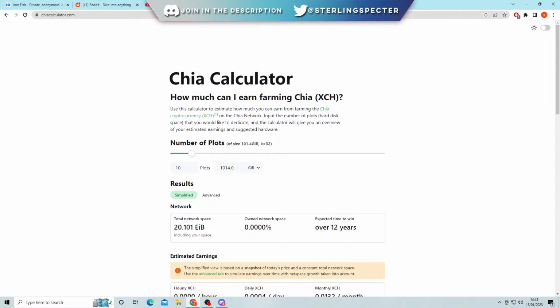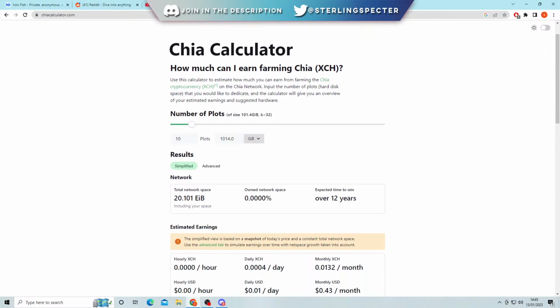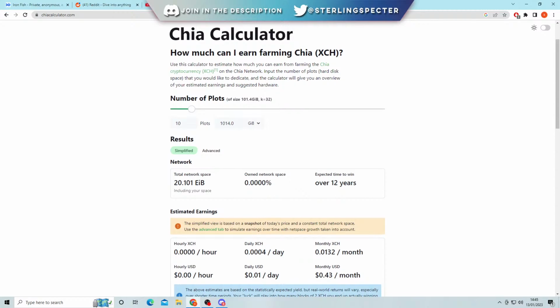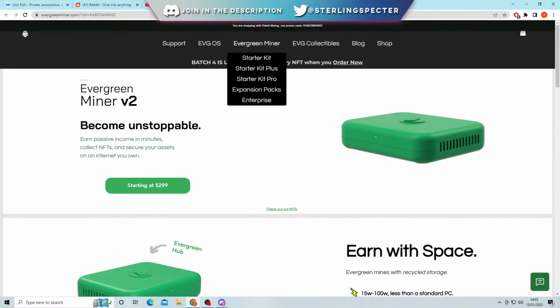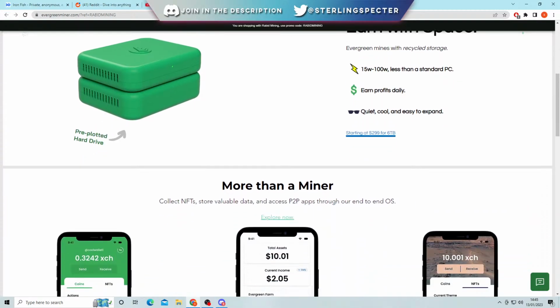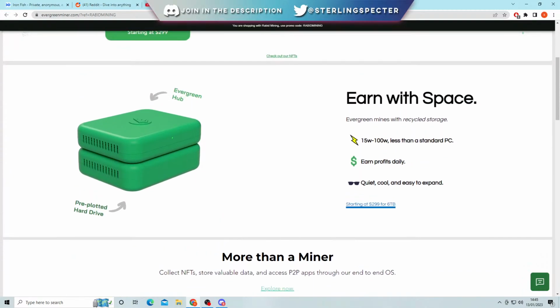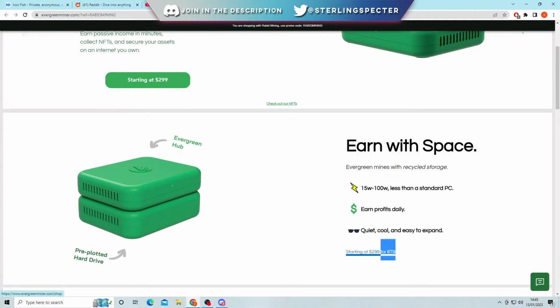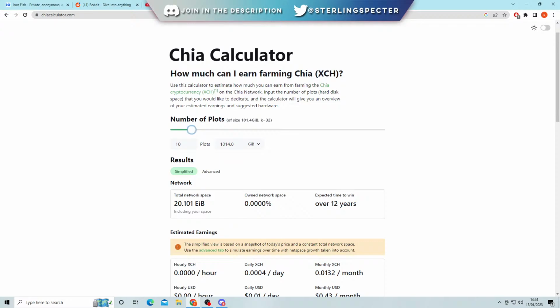So 10 plots, number of plots of size 1 GiB. So that's 1 gigabyte, is it? Or is it 10? We need to find out how many terabytes this is. So this is 6 terabytes, as it says there. 6 terabytes for $300.